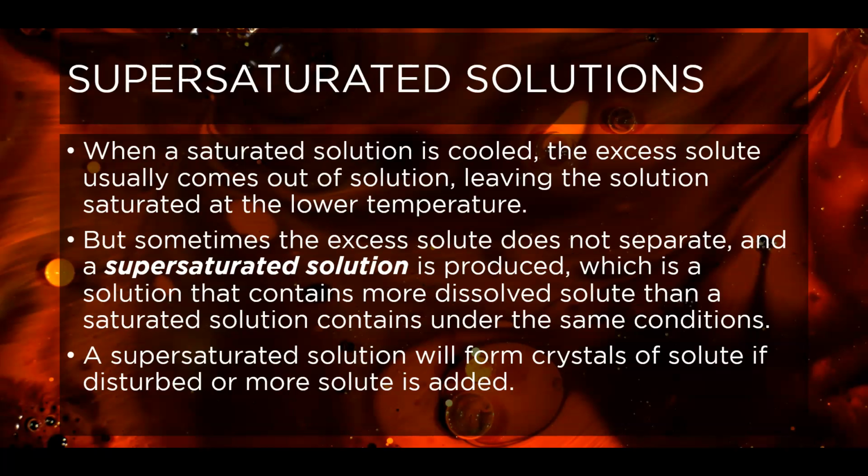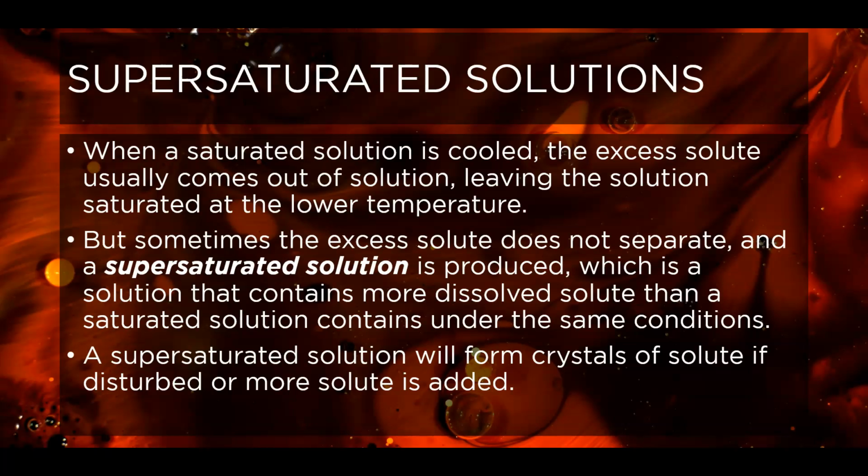There is a way to manipulate the solution in terms of temperature so that you can actually dissolve more solute than would normally be dissolved. And this is called a supersaturated solution. So what I have to do is I heat up the solution, I increase the temperature. This in effect increases how much can be dissolved.